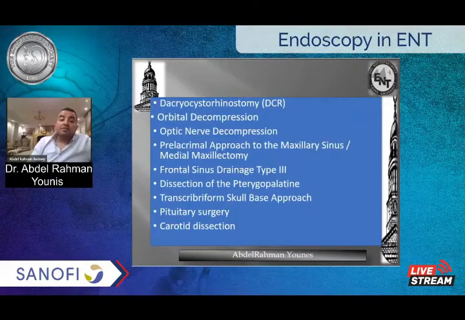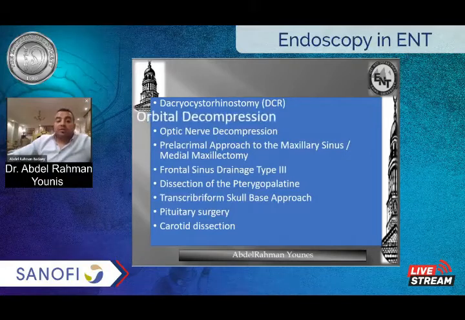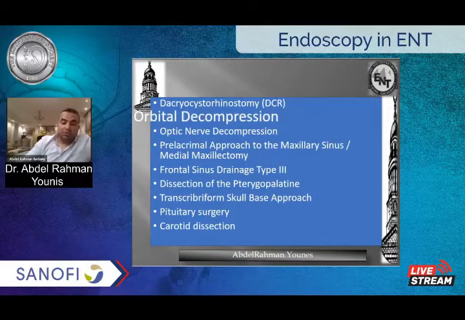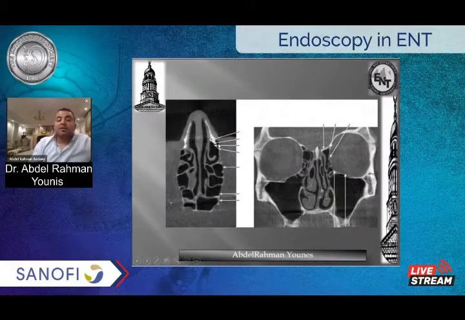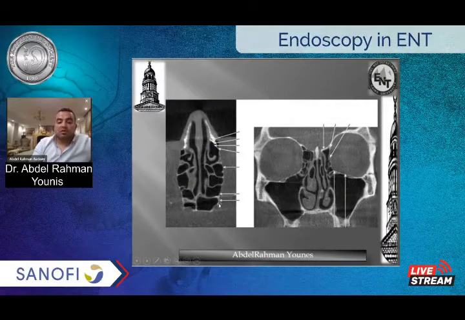Our second item is orbital decompression and transorbital approaches. If we have this view from anterior to posterior in the axial cut, we first have the nasolacrimal duct and nasal bone, then this is the lamina papyracea anteriorly, then the part posteriorly, and this is the lateral wall of the sphenoid sinus.